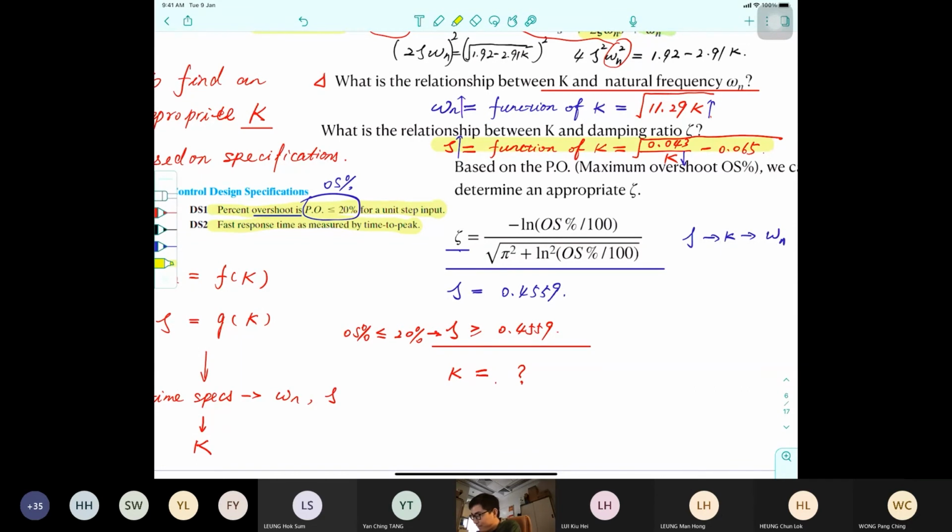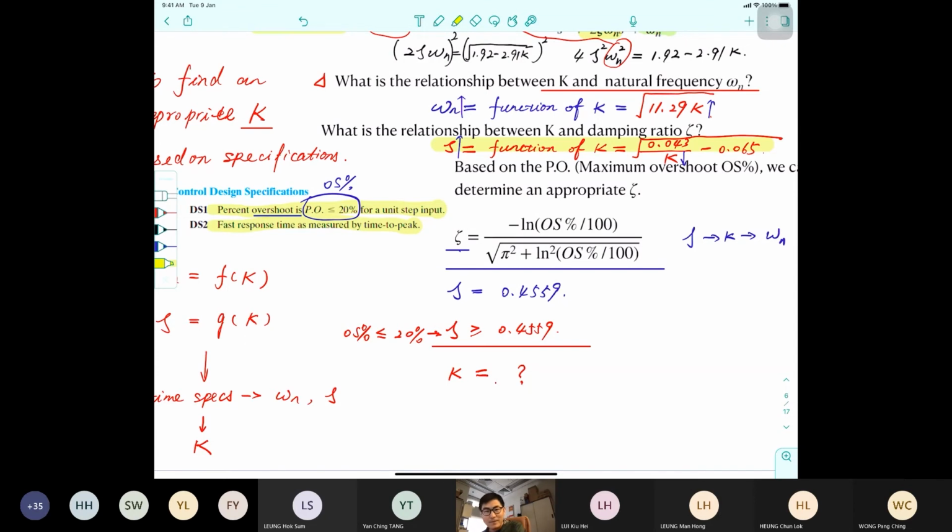Zeta is a function of K, and omega n is a function of K. If we find zeta, we can find K, and then we can find omega n.